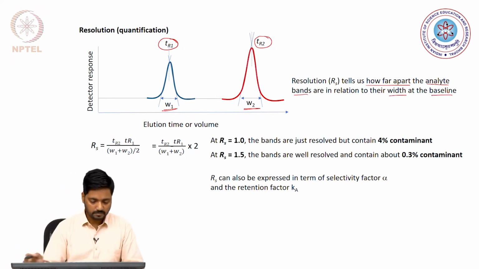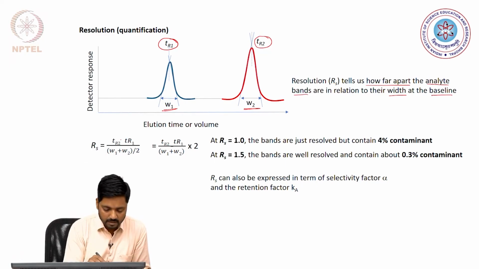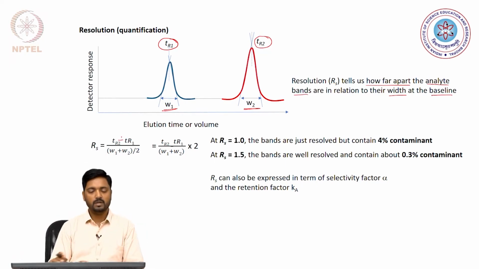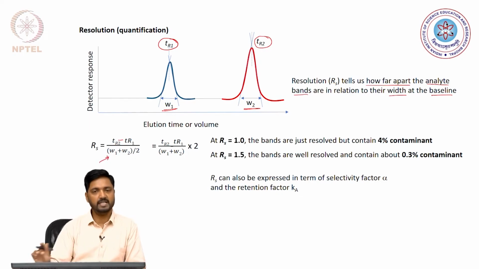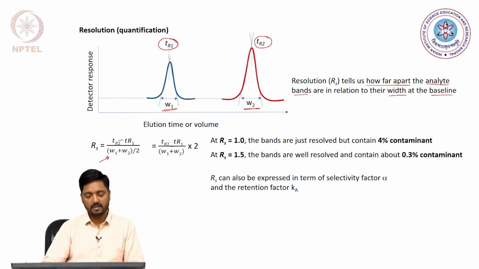This is shown here in terms of the retention time difference between analyte 2 and analyte 1, divided by the sum of the widths of the peaks or the bands at the baseline, and this whole is divided by 2.